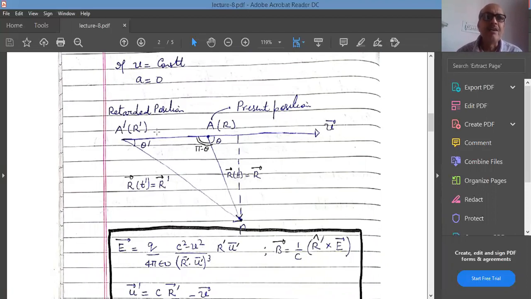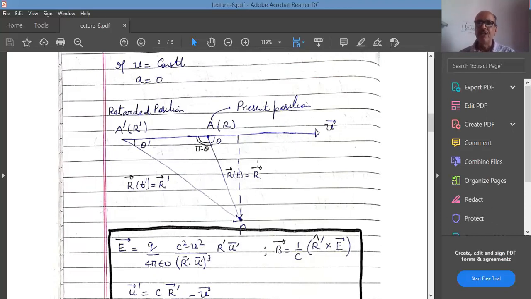When this signal reaches the point P, in the meantime the charge reaches A. So I have written this as the present position of the charge, and the position coordinate of the point of observation with reference to the present position of the particle is R.